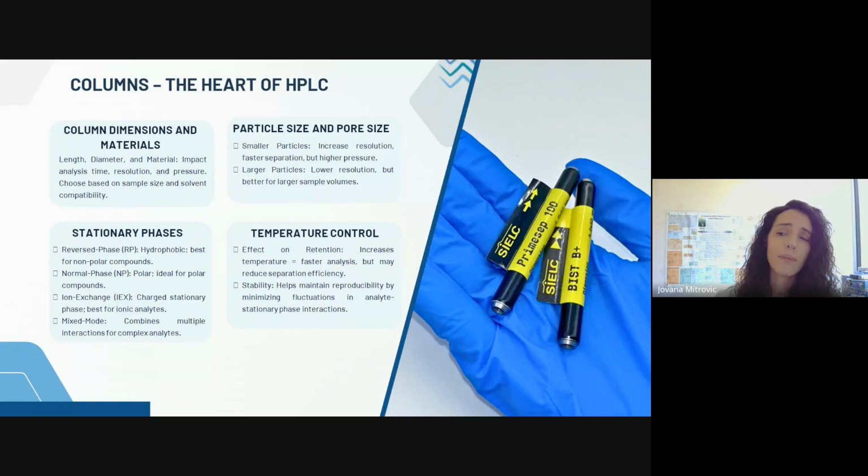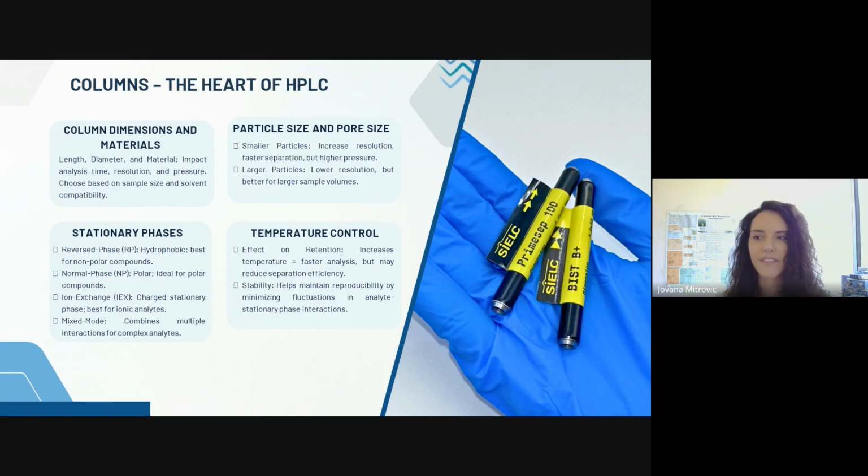Now let's talk about columns, often referred to as the heart of the HPLC system. The column's dimensions, its length, internal diameter, and particle size all influence pressure, resolution, and analysis time. Of course, stationary phase chemistry is critical.